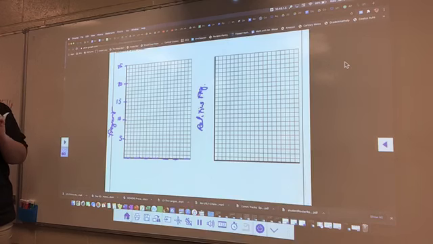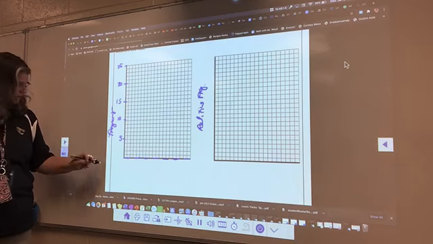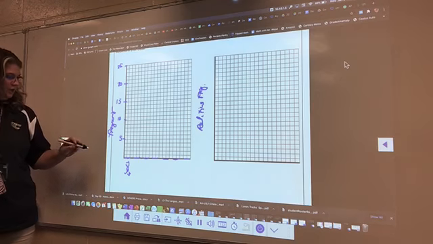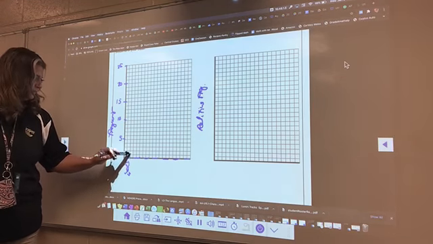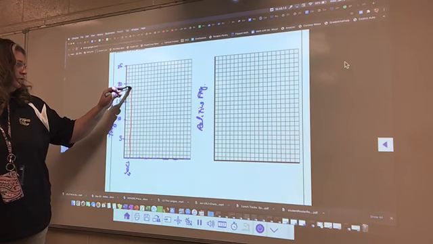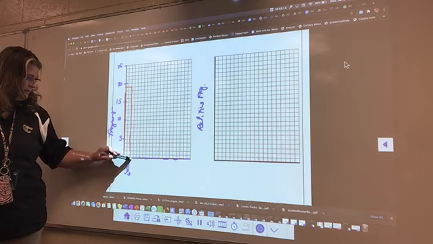So what are we doing? What's the first one? Dogs. Okay. So dogs, what was dogs? 16, 19, 19. Go in order. Okay. There's dogs.